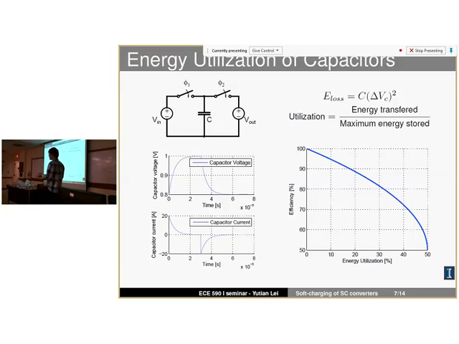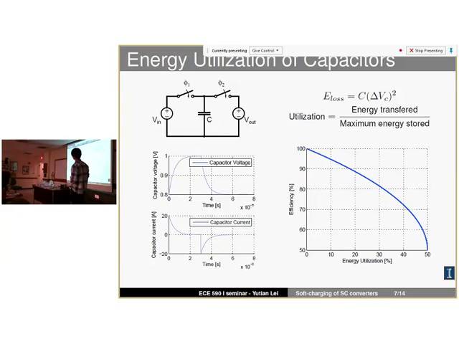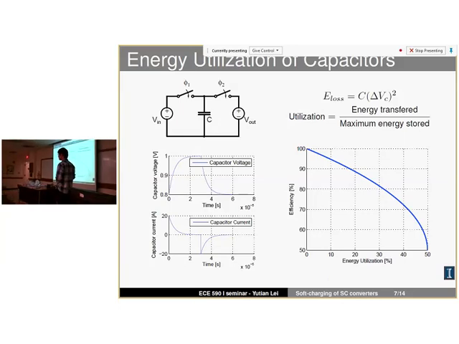When that happens, there's going to be a voltage mismatch between the two, and the voltage mismatch will be dropped across the series resistance. So that will cause an energy loss given by C delta Vc squared. This delta Vc is just the change of capacitor voltage in each cycle.